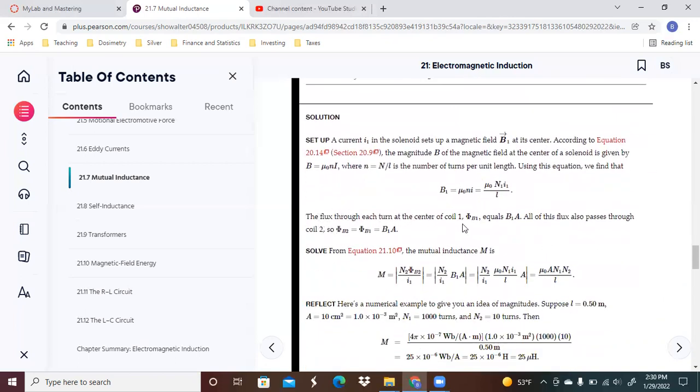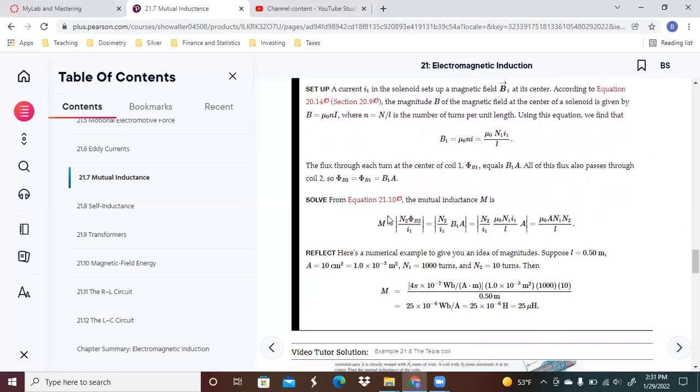The flux through each turn at the center of coil 1 is equal to B times A. All of this flux also passes through coil 2. So this is equal to this, which is equal to this.